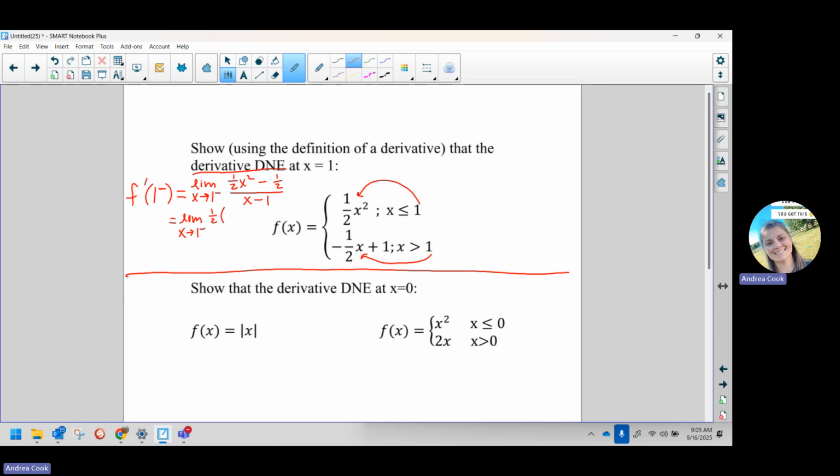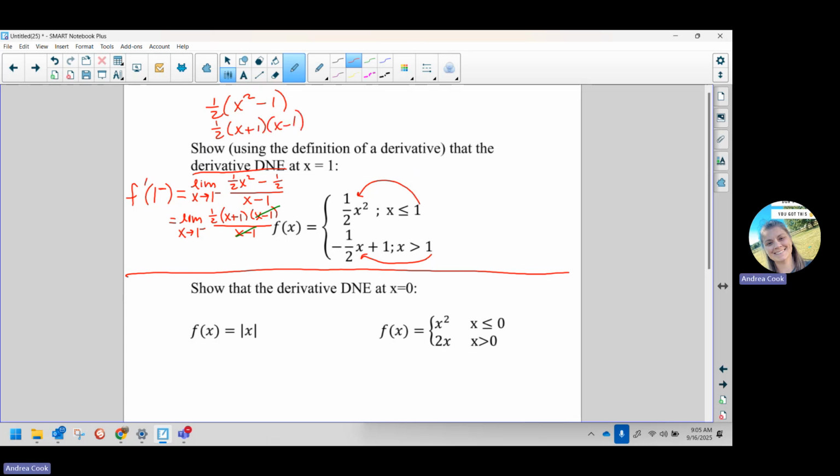So it becomes x plus one, x minus one, and then that x minus one on the bottom, so I can cancel those. Where did I get the x plus one, x minus one? I factored out a 1/2 from x squared and then got a difference of squares, so I changed that to x plus one, x minus one.